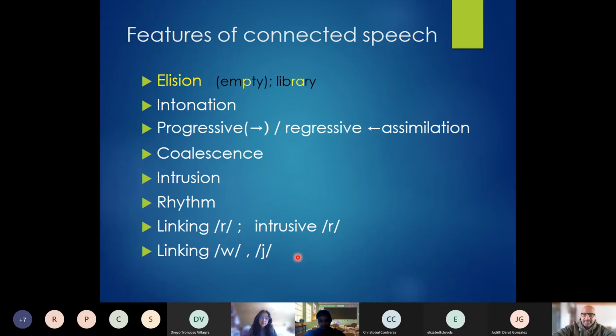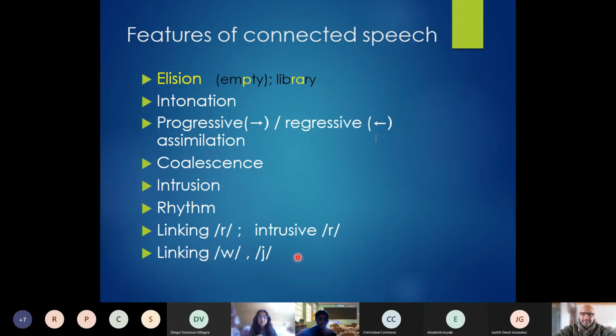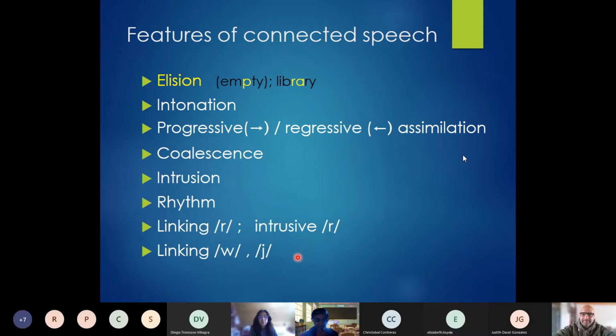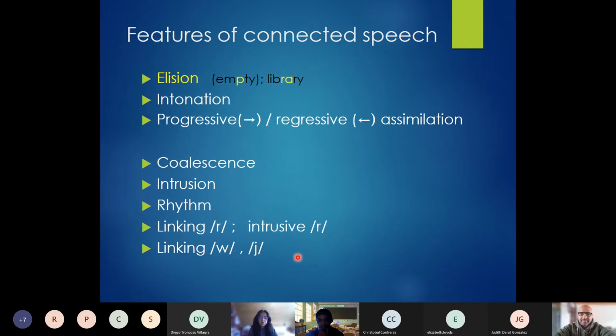The regressive assimilation is when a sound influences the other, right? Like, I have an example here. Yes, please. A good man. The last sound of the word good influences the sound in the next word. A good man. Good man.